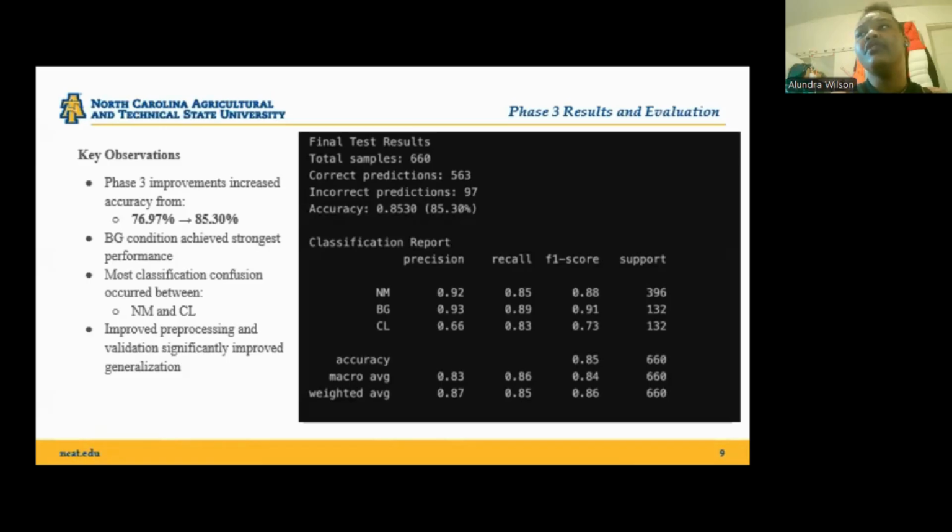However, some confusion still occurred between normal walking and coat conditions due to overlapping gait patterns and silhouette similarities. Overall, these results demonstrated that our improvements successfully increased generalization and classification performance without requiring extremely large transformer models or highly complex multi-model architectures.